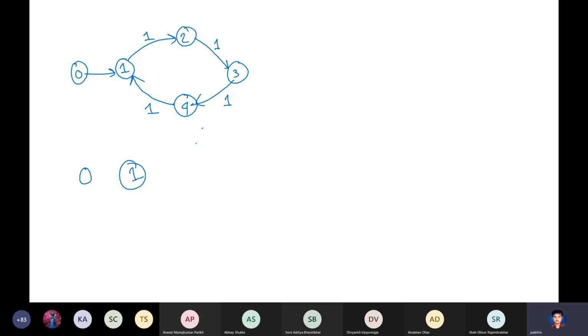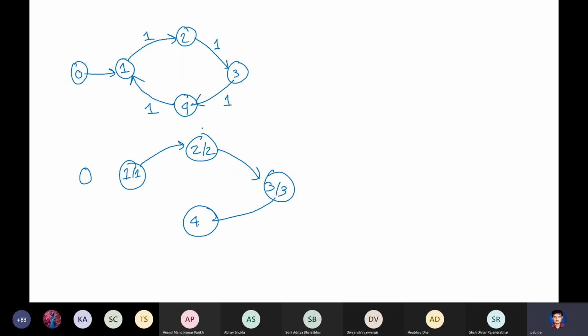Maybe I can write it like this, I'll use this convention. This is the state and this is the output. This is 2, 2. This is 3, 3.